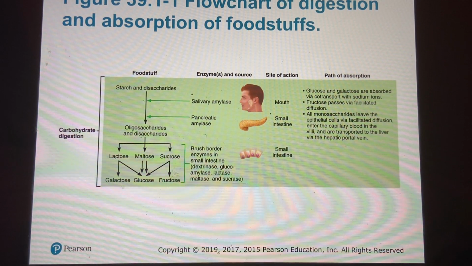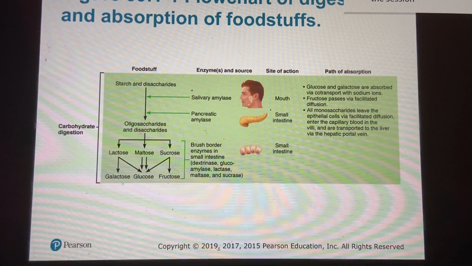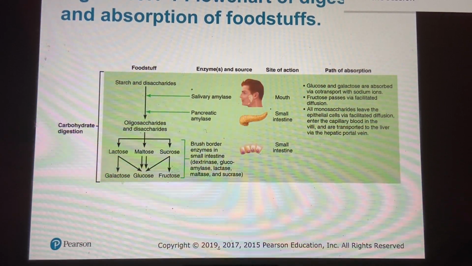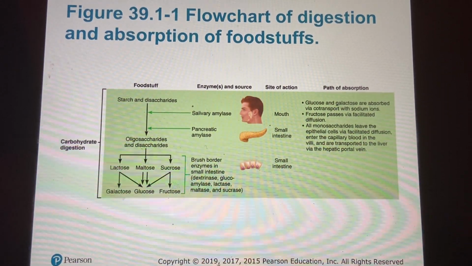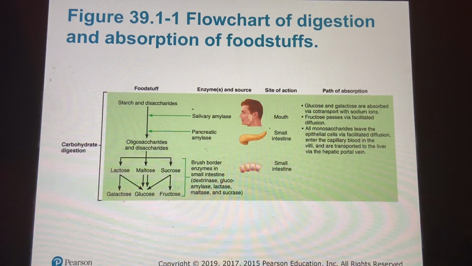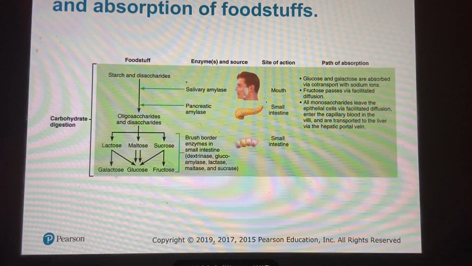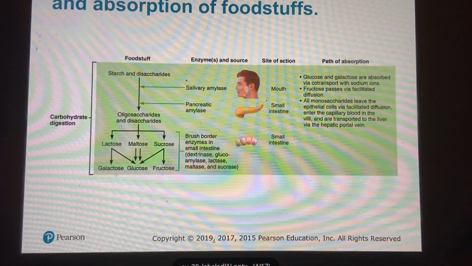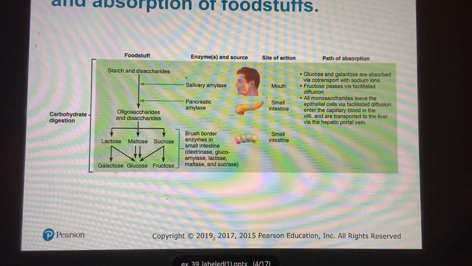Now, if you're a vegetarian, you also have carbohydrates, and plants have starch. So this is carbohydrate that we get from plants or vegetables. So this one, carbohydrate digestion. The foodstuffs are starch and disaccharides, and they will be converted.